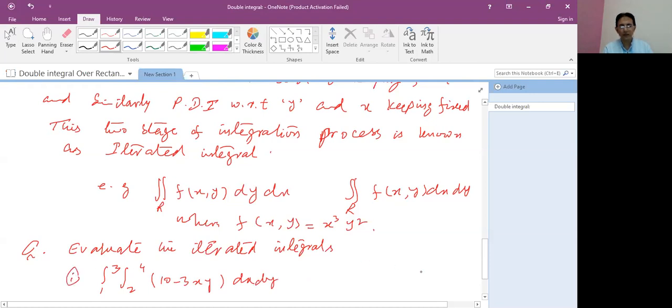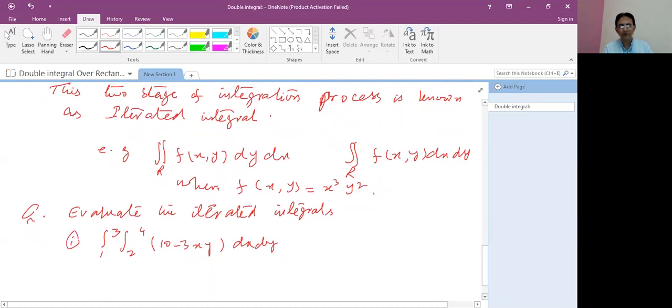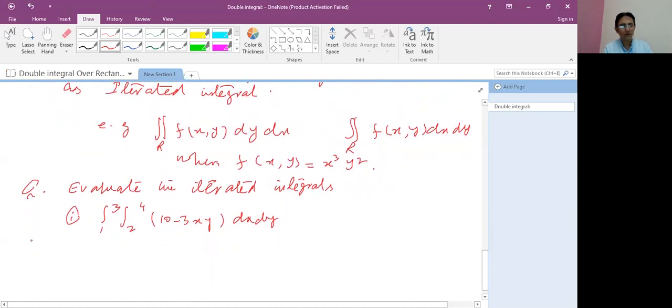For example, the first problem, we solve it. If you have the function f of xy and you integrate with respect to x, then y, it means first we integrate the given function with respect to x. So we start the solution.